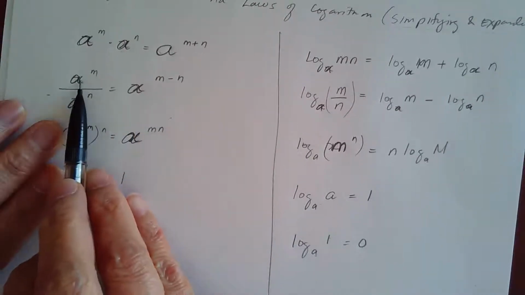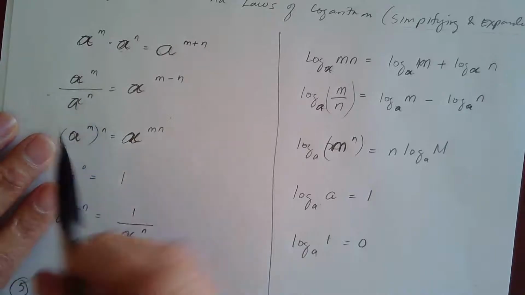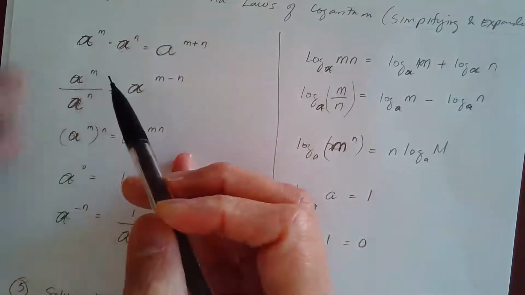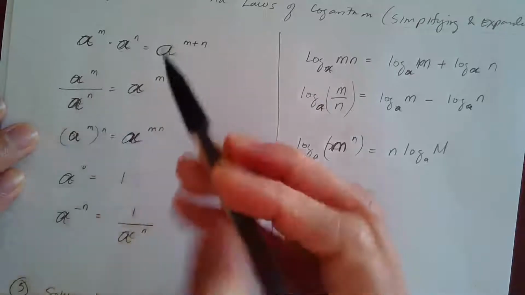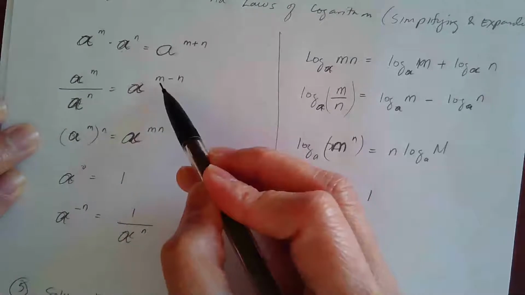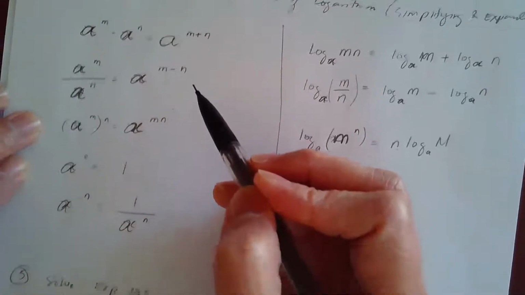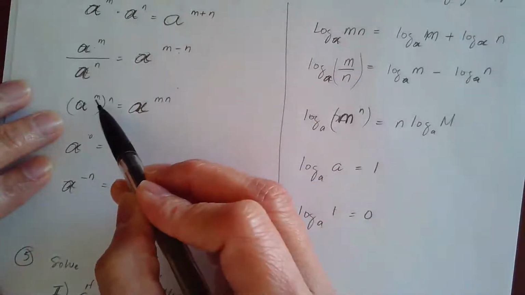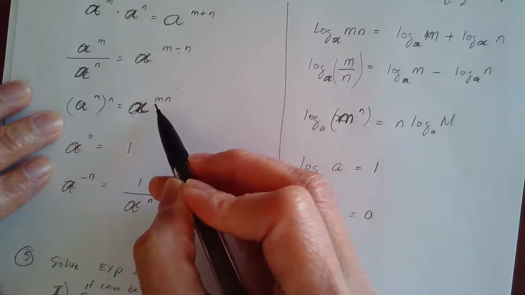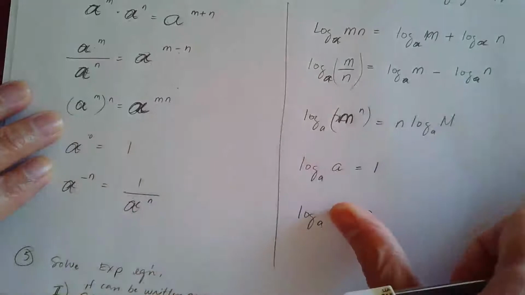What if we have a to the m divided by a to the n? So what do we do when we have a power divided by a power? So that would be a to the, we subtract the exponents, m minus n. And then a to the m to the power of n. What do we do to the exponent? It's going to be multiplied, m times n.